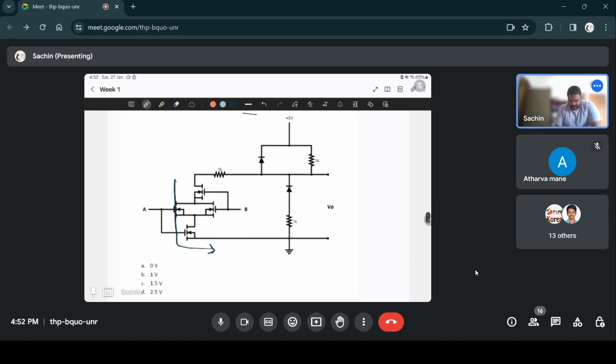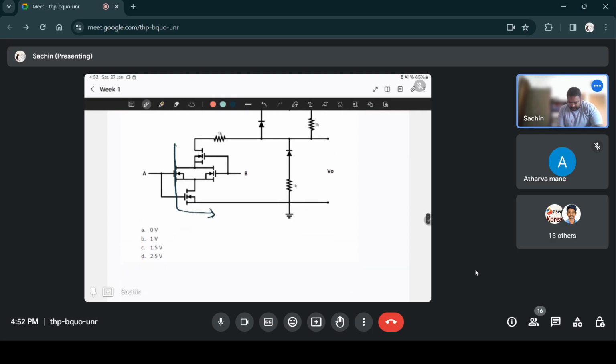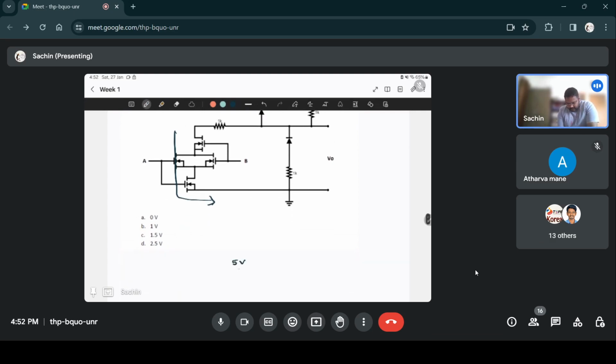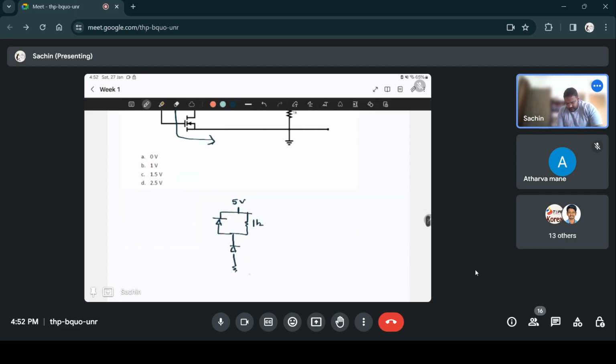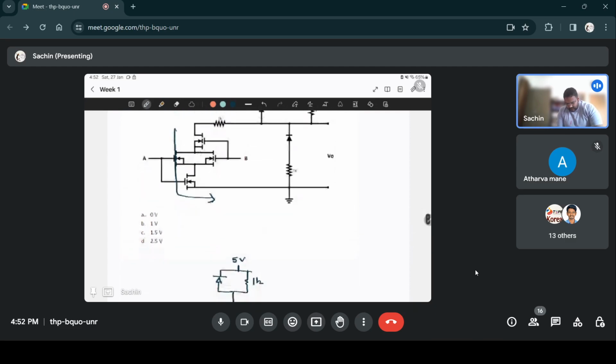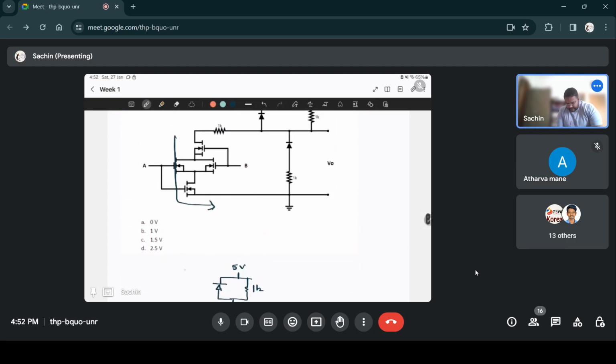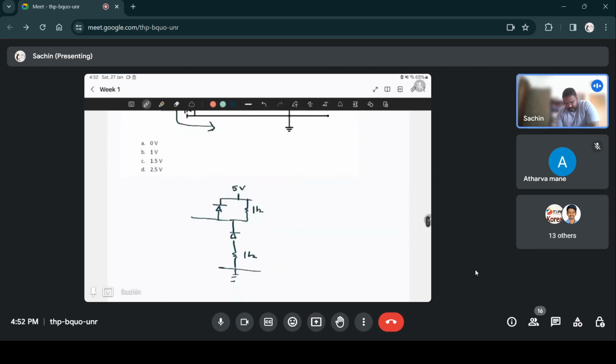It will reduce to something like this: 5 volts, a diode, 1K, another diode, 1K connected to ground, and then there's 1K here, and since all the transistors are on, there will be a path here for current to flow through.